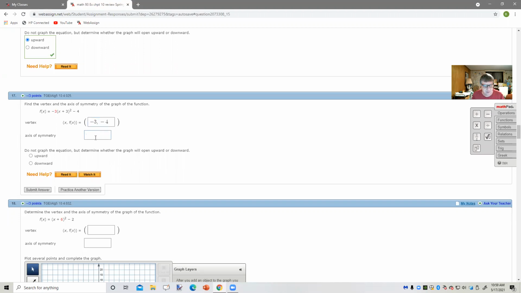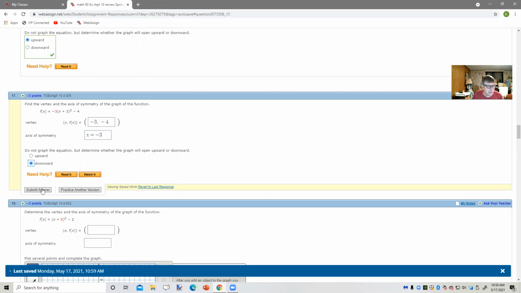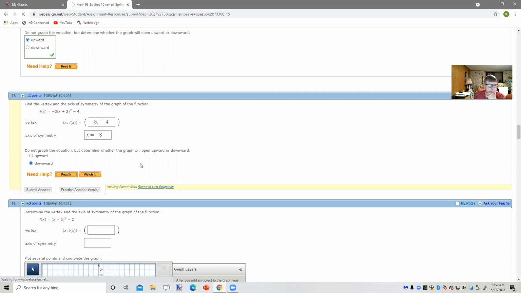The axis of symmetry is going to be at x equals h, which is -3. Again, the x value of the axis of symmetry is always the x value of the vertex. Oh, look, a is negative, so this is going to open downwards.